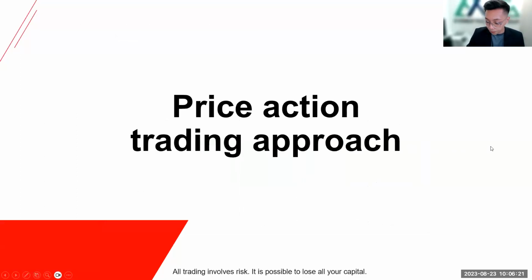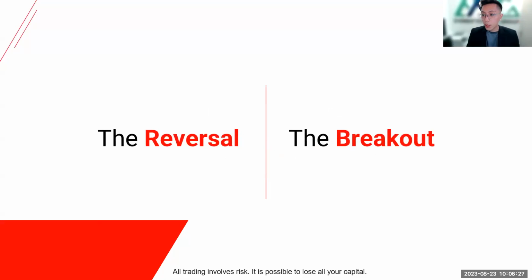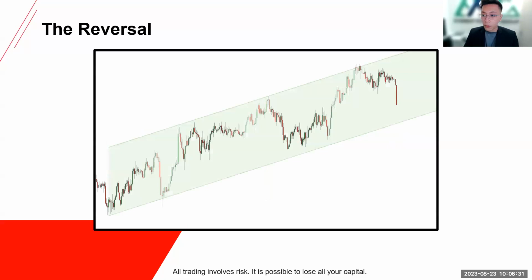Okay. Next, we are going through the price action trading approach. What is a reversal and what is a breakout? Very simple. A reversal basically means that at a point where the price is already at a very high, let's use this channel as an example.